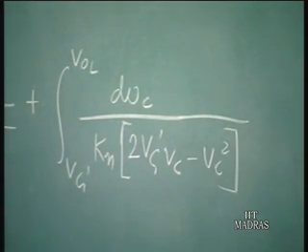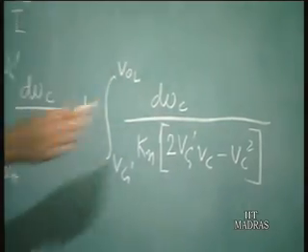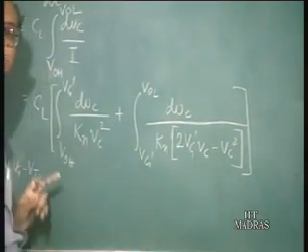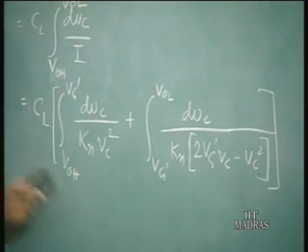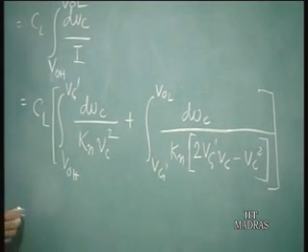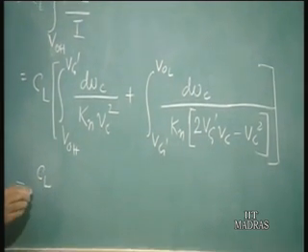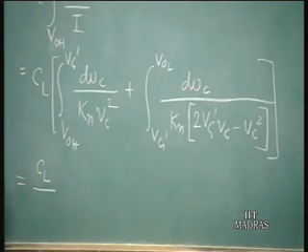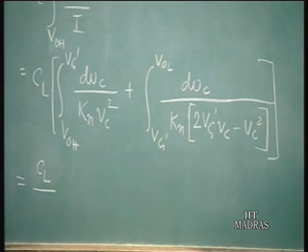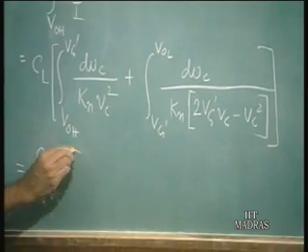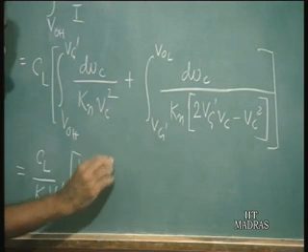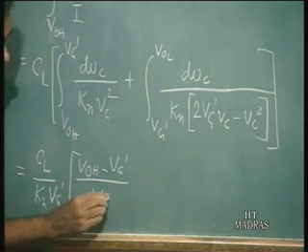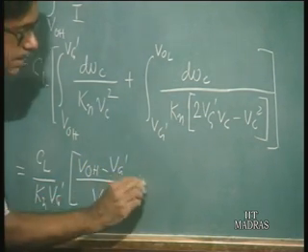We have to solve this equation to get the fall time. I will just write down the solution of this equation. We get the solution as CL by Kn Vg prime, times VOH minus Vg prime by Vg prime, plus half.